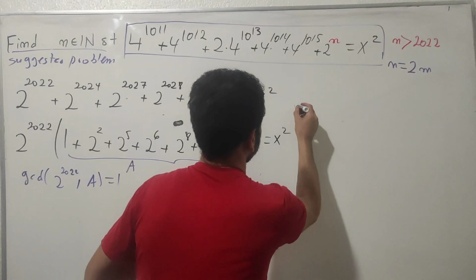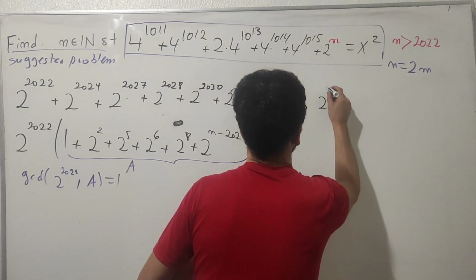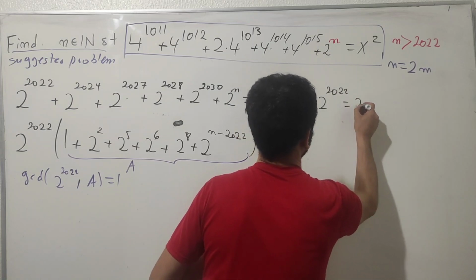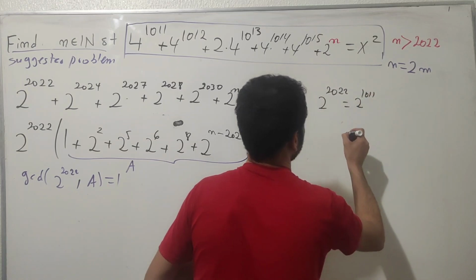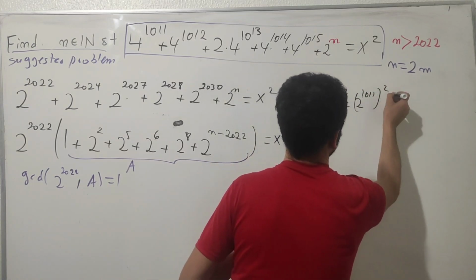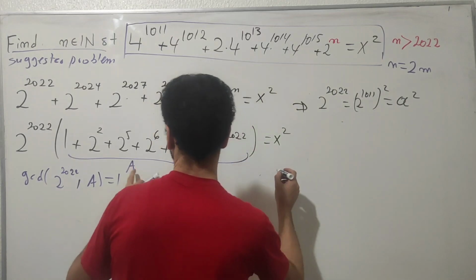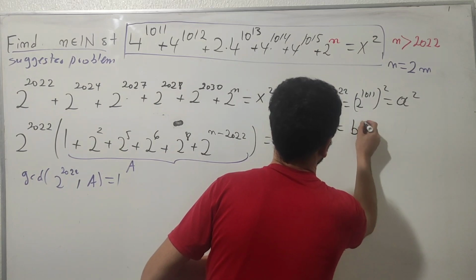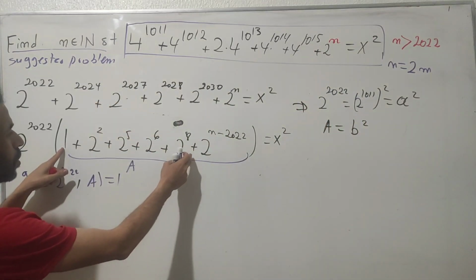Thus 2 to the 2022, which equals 2 to the 1011 squared, is a square. Also, this bunch of terms, capital A, equals b squared. We need to work on this one only.